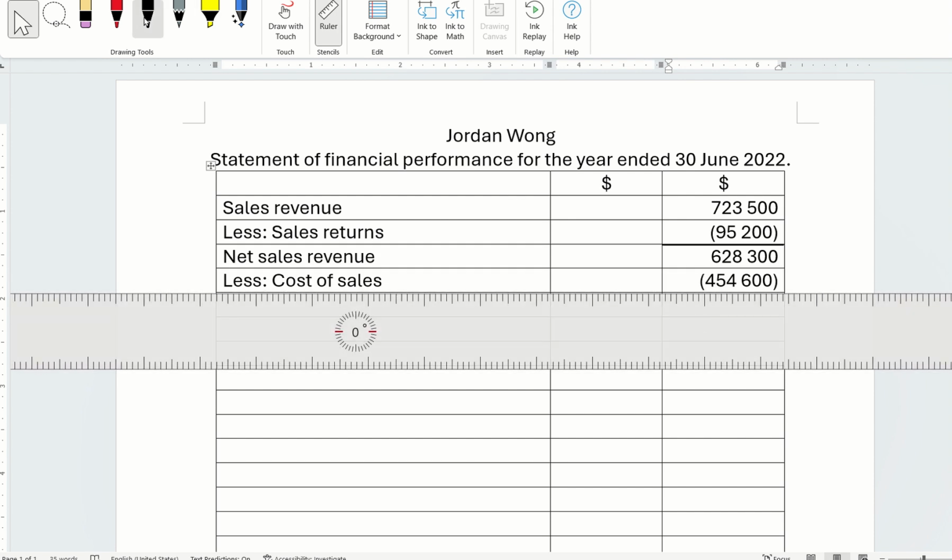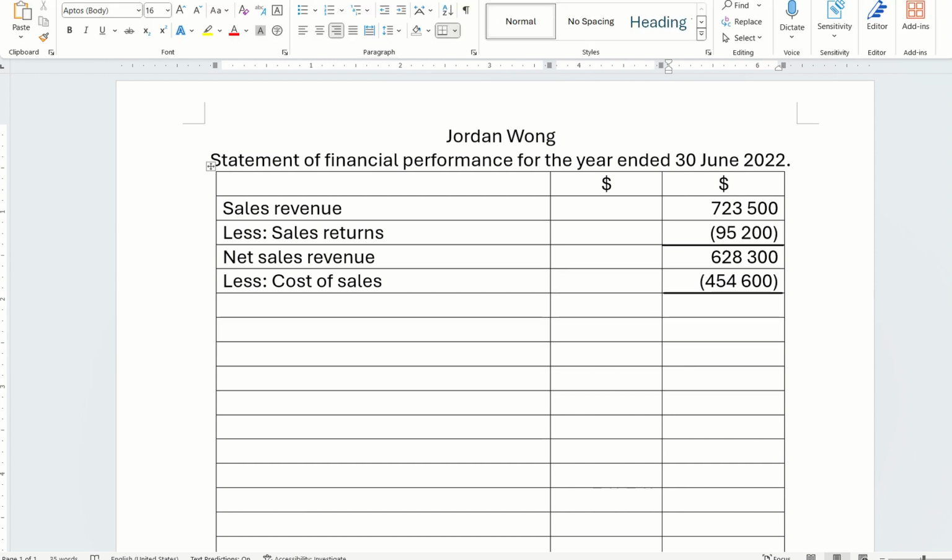The line means equal. Net sales revenue less cost of sales is gross profit. I take the 2 numbers and deduct them from each other: 173,700.